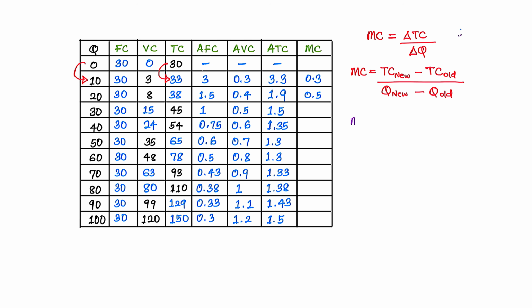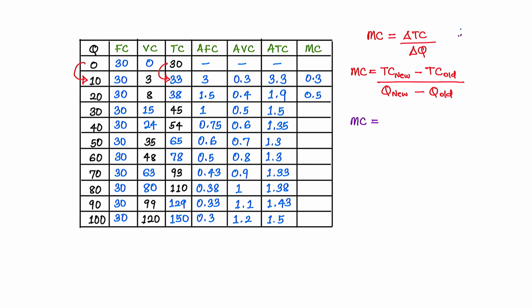Next, the marginal cost when the output increases from 20 to 30, that means the cost will increase from 38 to 45. So the old cost is 38 at the old output of 20, and the new cost is 45 at the output of 30.